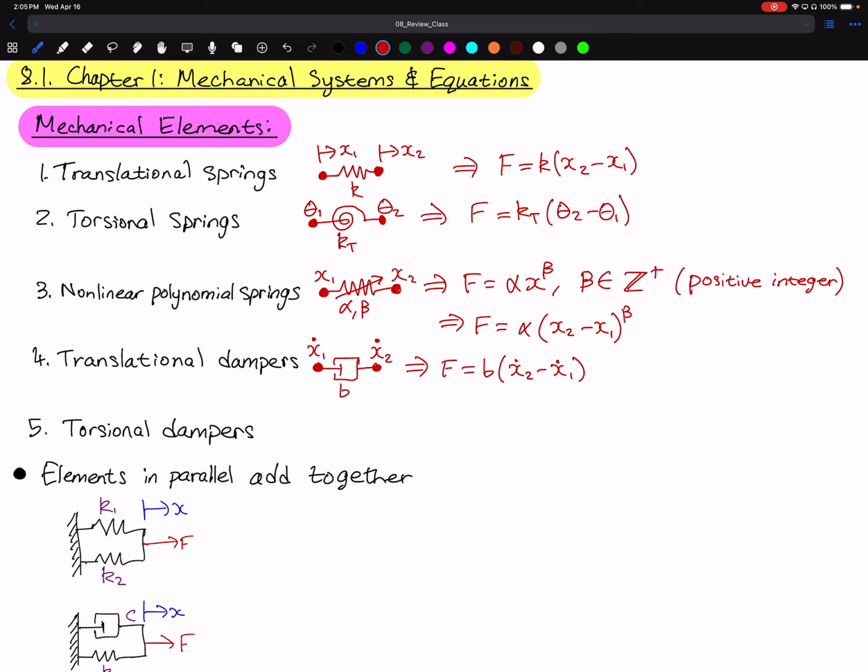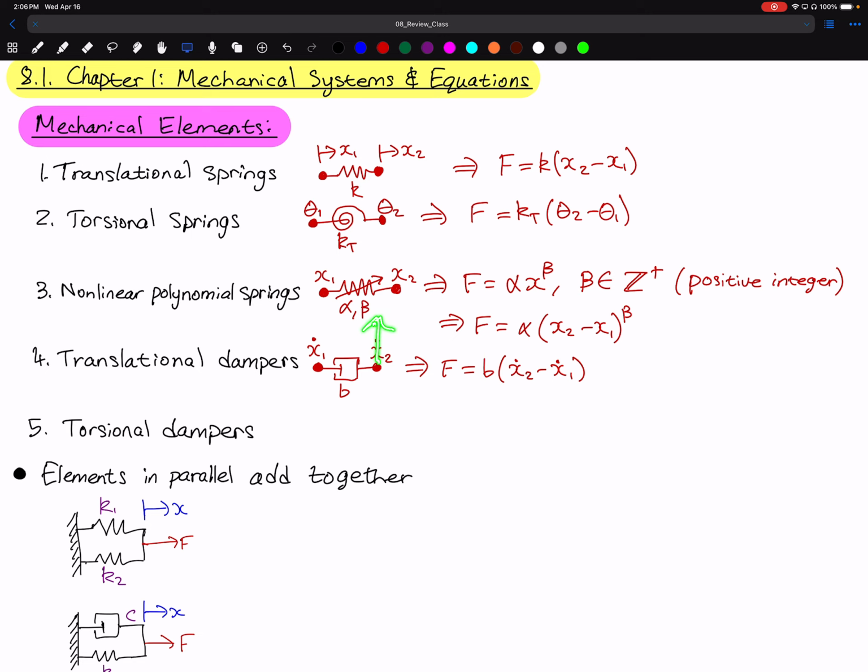You could extend that nonlinear polynomial spring idea to a damper. It's just there isn't a physical representation for what that would actually be. We get this nonlinear spring from taking a regular linear spring and then stretching it transversely, so pulling it up rather than moving it to the right or left. If you do the same thing for a damper, you'll end up with a complicated nonlinearity that depends on both displacement and velocity.